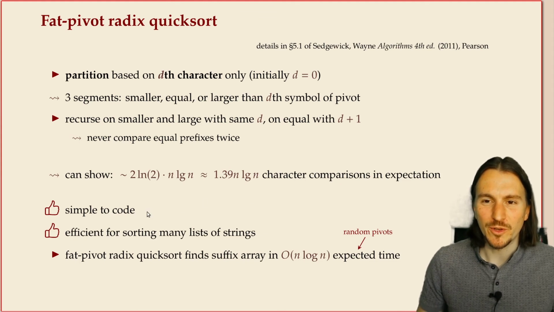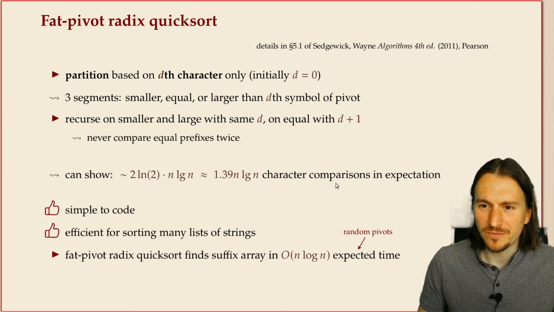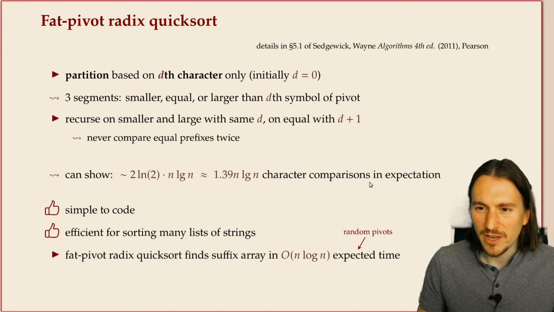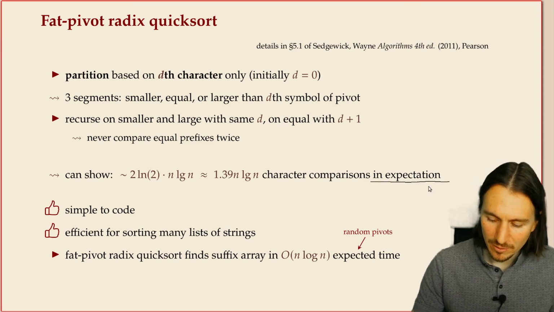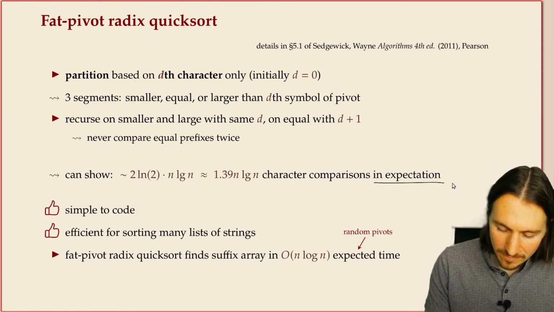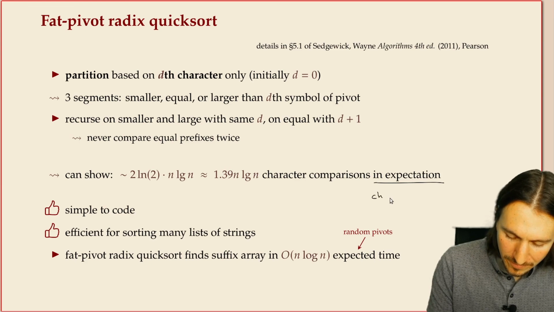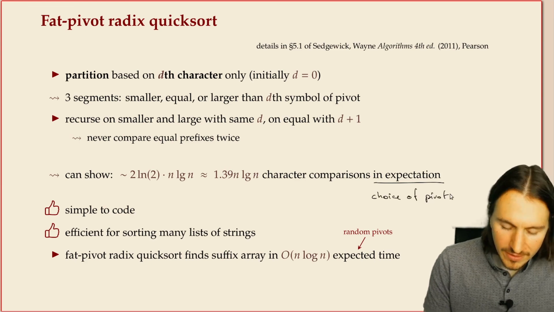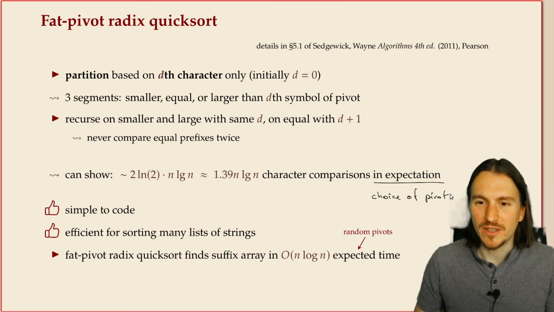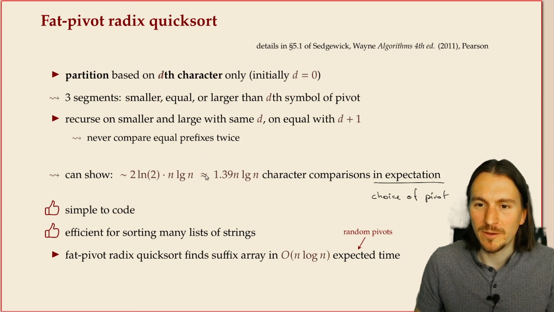It's very simple to code, and well, this expectation is about the choice of pivots, but it works for all texts. So if you choose random pivots, you will usually see behavior in this realm.